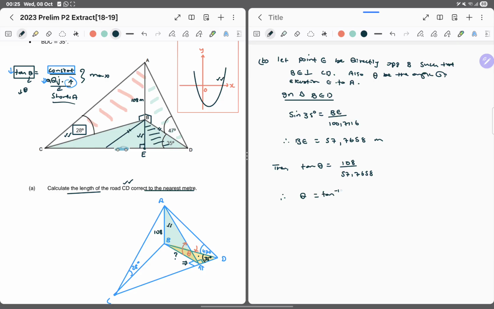It's going to be the arctan of 108 divided by 57.7658. Right, so let's see what is the value of theta there. So shift tan of 108 divided by 57.7658. Okay.